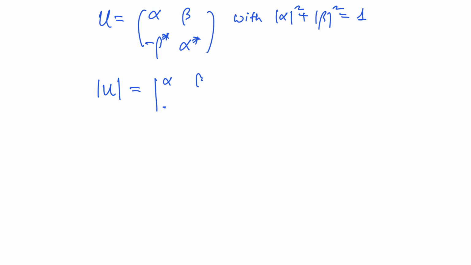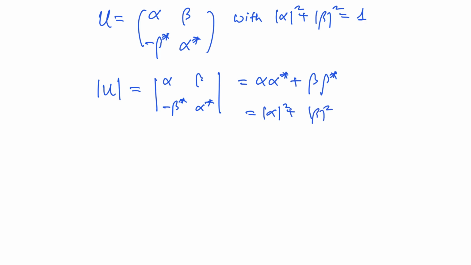Alpha times alpha conjugate plus beta times beta conjugate is equal to plus 1, right? So if we define the unitary matrix in this way, the determinant is equal to plus 1. So it is special unitary, so U belongs to SU(2). Special means determinant U is equal to 1.